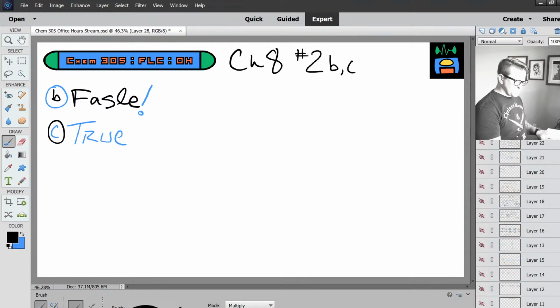There are individual particles floating around in solution. I mean, they're kind of connected, kind of hanging out with other solvent molecules, but I'll just say true. Not entirely sure what they're asking.